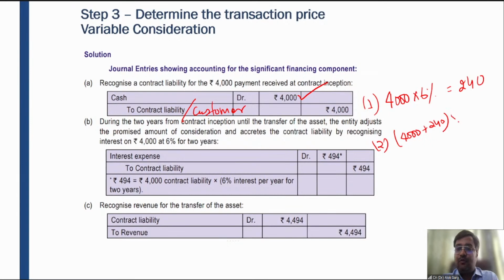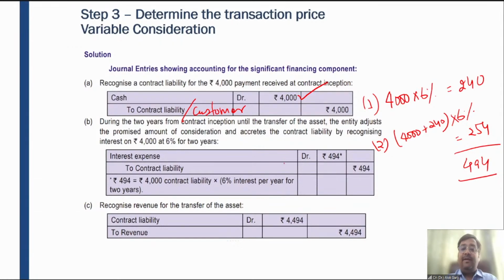So 4,240 multiplied by 6%. Can you do the calculation? Roughly it is coming out at 254. So in 2 years the total interest cost is 494.